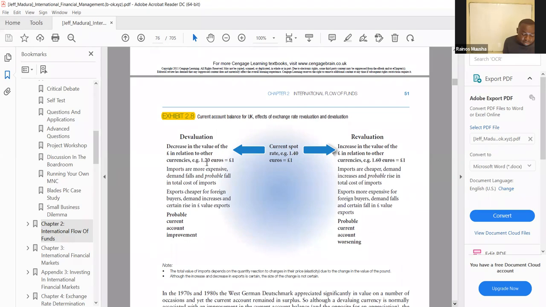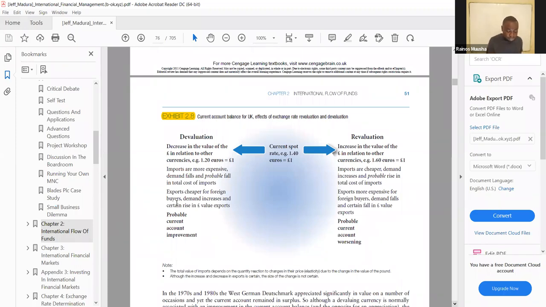So we expect foreigners to deem our goods less expensive, which means we expect to export more. Looking at the probable current account effects, there is a probable current account improvement because we expect to export more and import less.